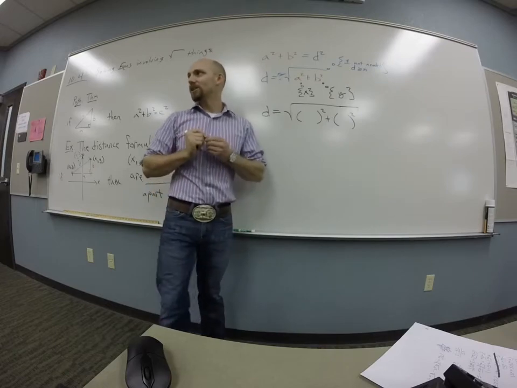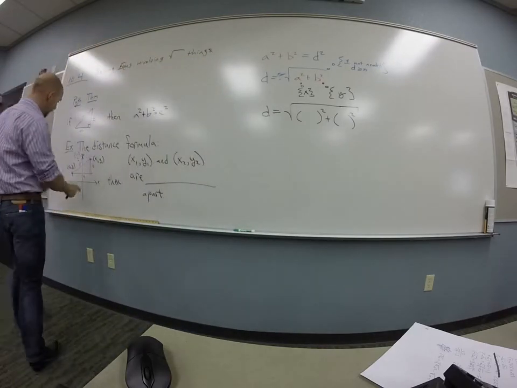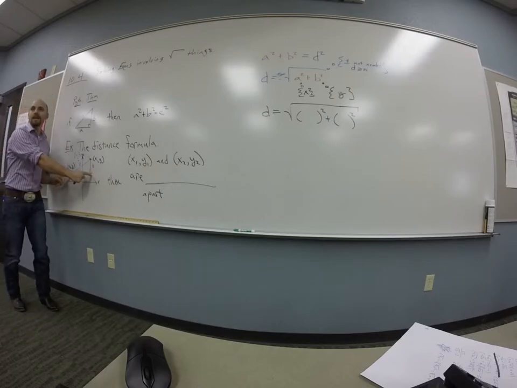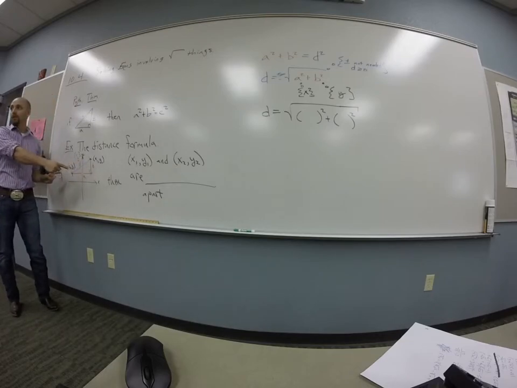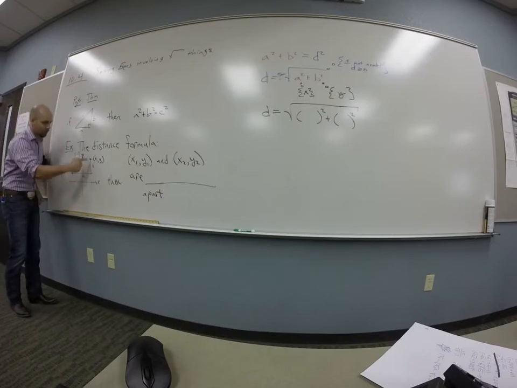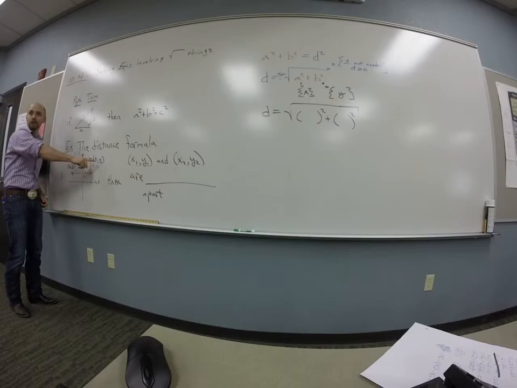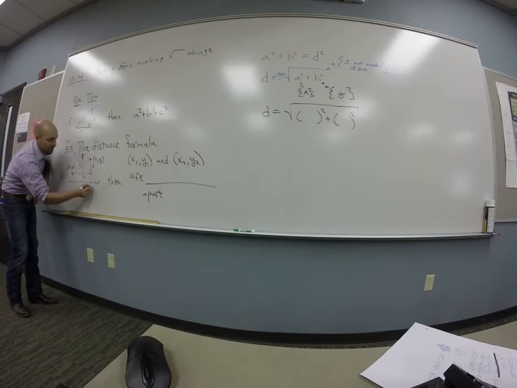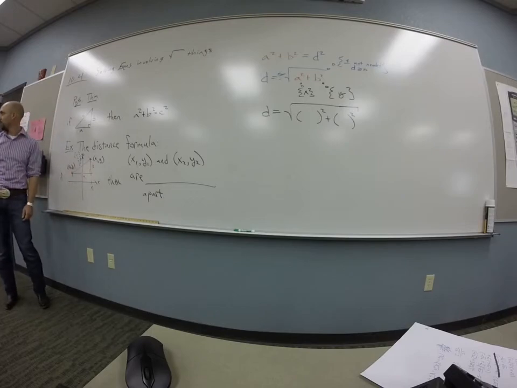Probably not. Okay, so I want to know how big A is, right? A is in the x direction. So if I think about this point, x1, y1, it has an x1 in this direction and a y1 in that direction.